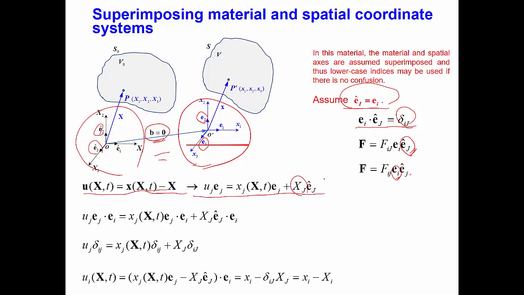To obtain the ith component of the displacement vector, we have to apply inner product of E I with both sides of this equation. Then these two inner products can be replaced by delta ij, and this term by delta I large J.